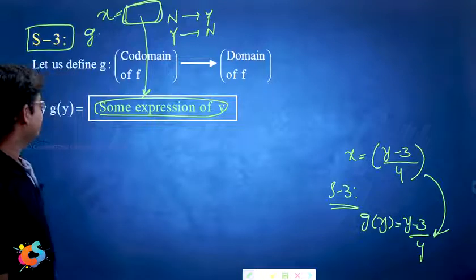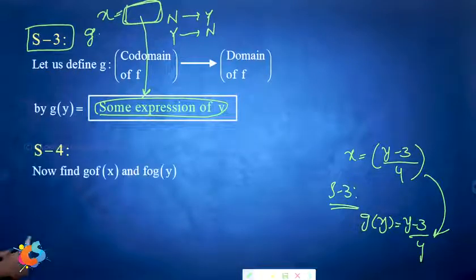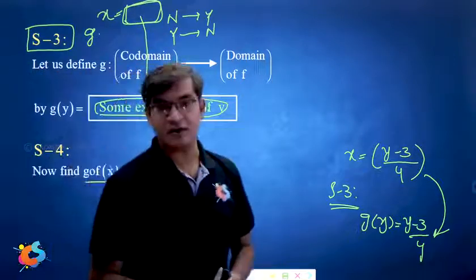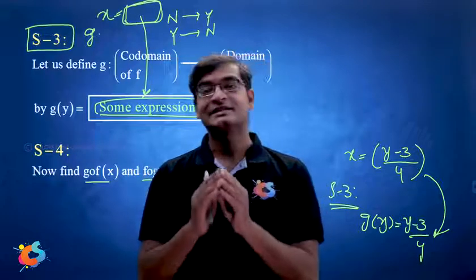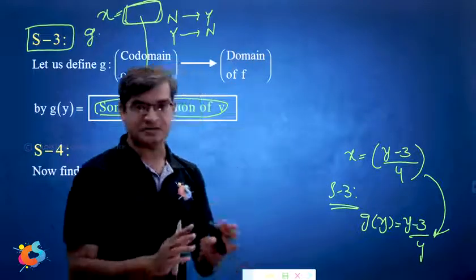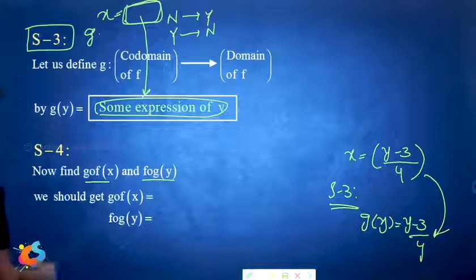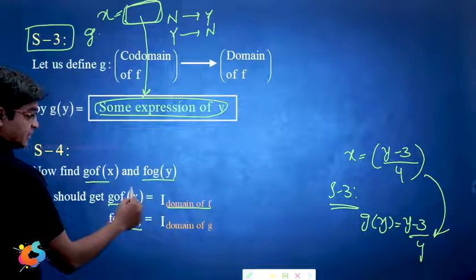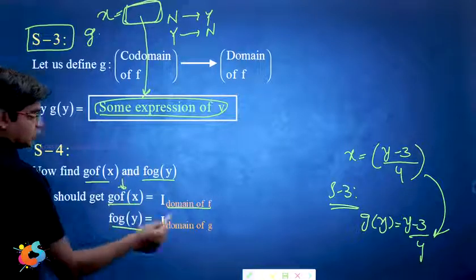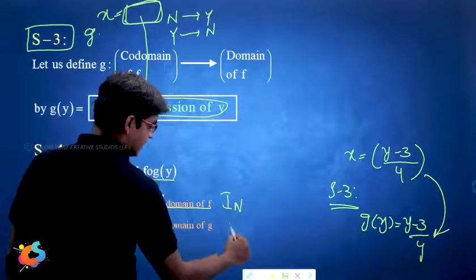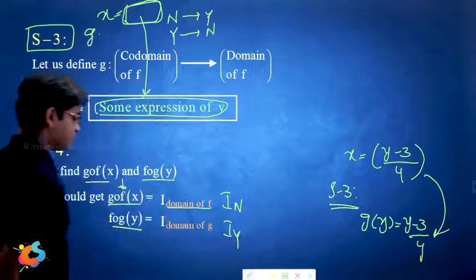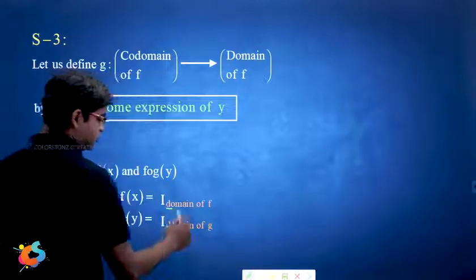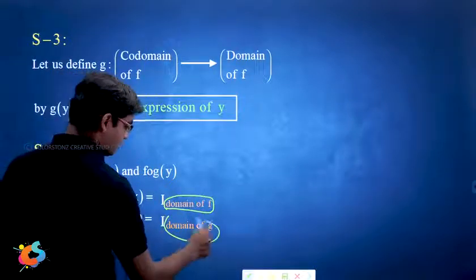Next will be step 4. Now find g circle f of x and f circle g of y. If you're doing all of your calculations right, you will get these two as identity functions. It is compulsory, you have to get it. We should get these two as identity functions, and this will be an identity function defined on the domain of f. If you remember, we got I_N here and I_Y in the previous question. So these things will change, but the way you write should be the same: domain of f and domain of g.